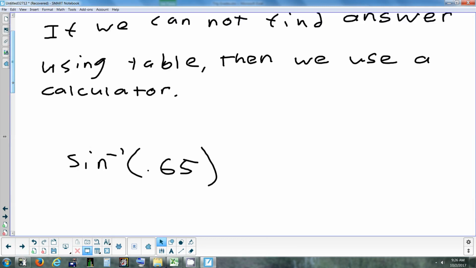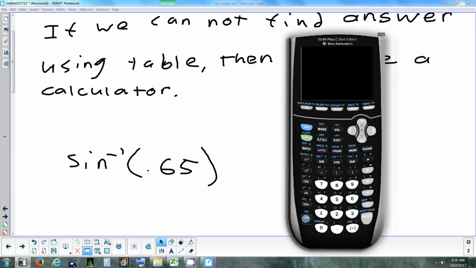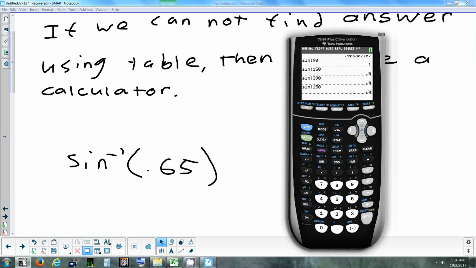I'll show you on two different calculators because there are different ways to type it in. I'll start with this one, which, if you use a scientific calculator, is going to work just like this one. On most calculators, you press second and then the sine function. On some other calculators, you have to go into a different menu to find inverse sine.